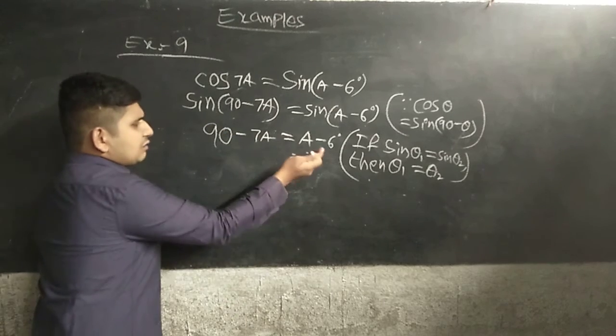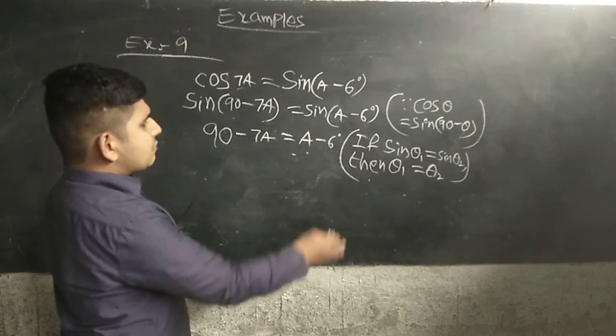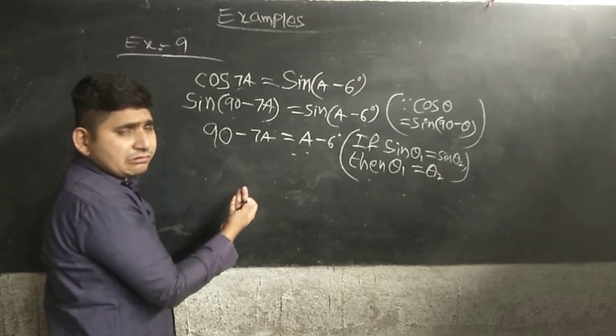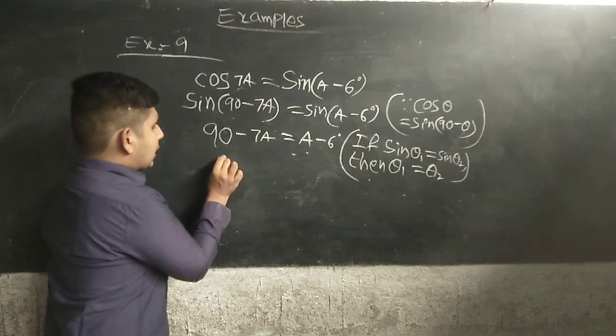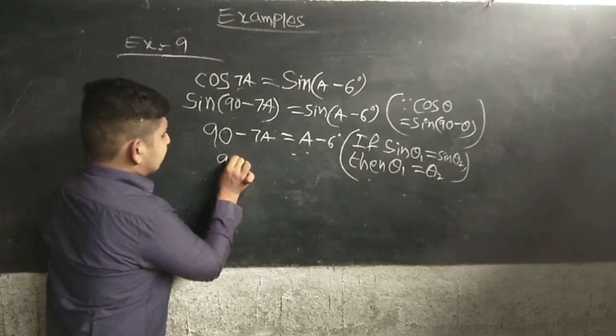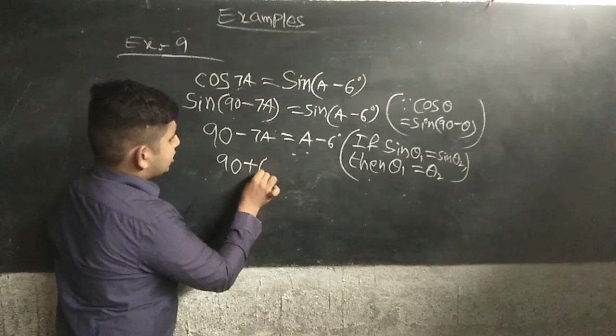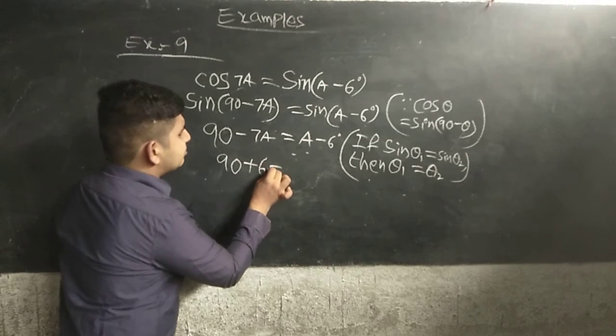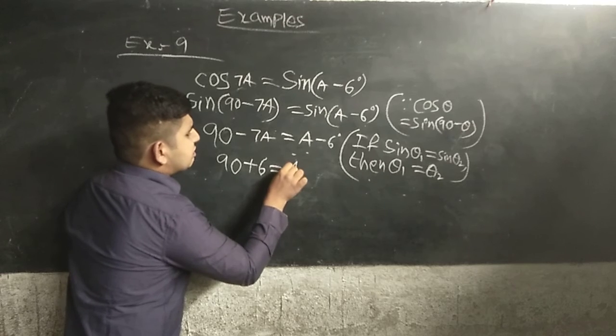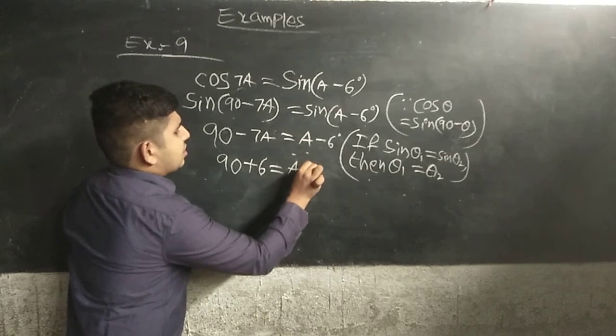Now bring the variable terms together and bring the numbers together. So 90 plus 6 equal to A plus 70.